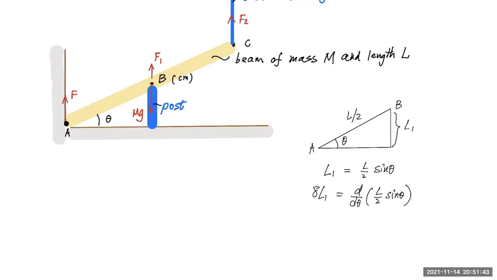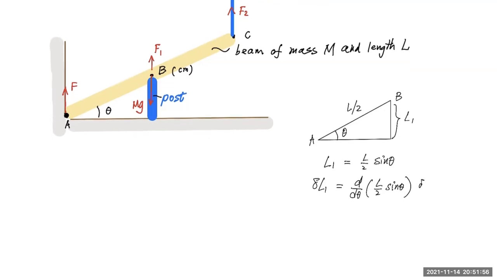Delta theta, that's the change in theta, we simply call it delta. Delta L1 is actually negative because clearly the post is being compressed, but I don't care about that. I just care about the absolute value here. So I'm going to keep the right-hand side also positive. When you work out the derivative, you can easily get L over 2 cosine theta times delta. That is the amount of compression of the post.